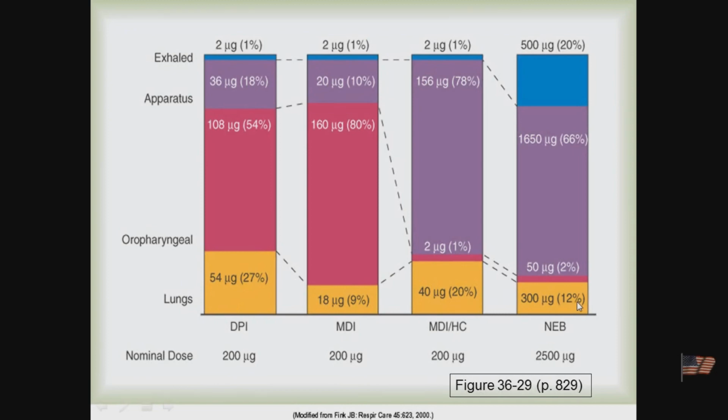The nebulizer is not that great, and the MDI is even worse. But when the MDI is used with something called a holding chamber, you actually can get some pretty good amount being delivered. A lot of oropharyngeal deposition is minimized with those two, and basically as a trade-off, the medication is deposited in the holding chamber.